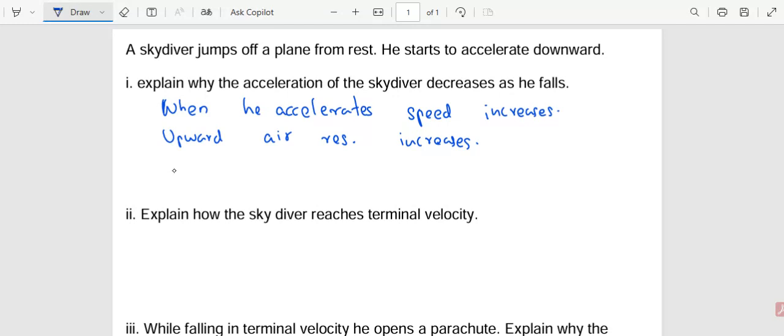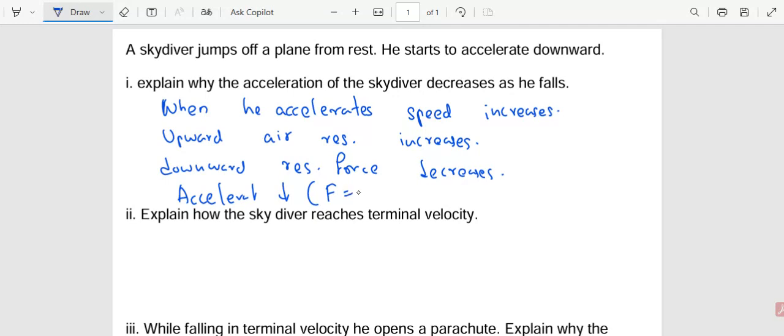So then what happens when the upward air resistance increases means the resultant force, which is downward, decreases. So as a result, what happens? The acceleration also decreases, right? According to F equals ma, if you want, you can mention that.